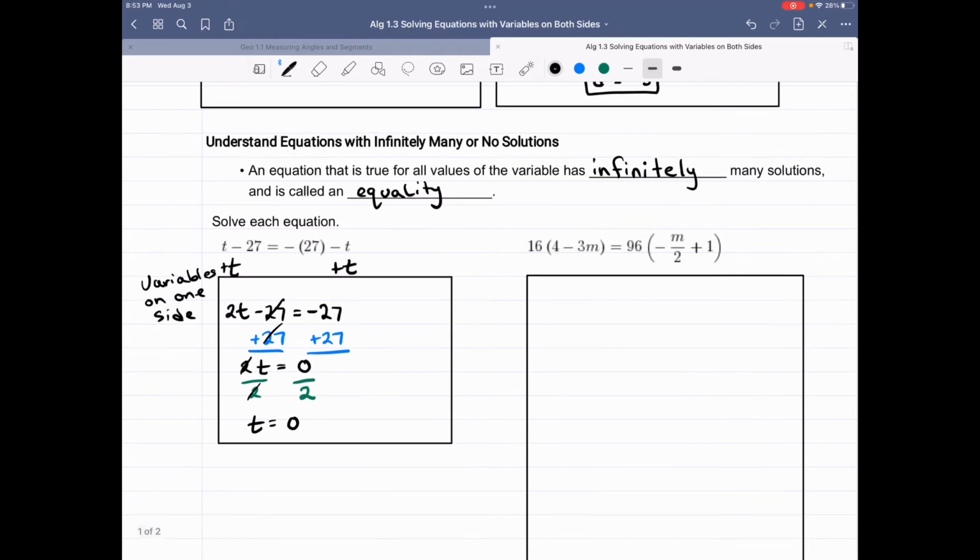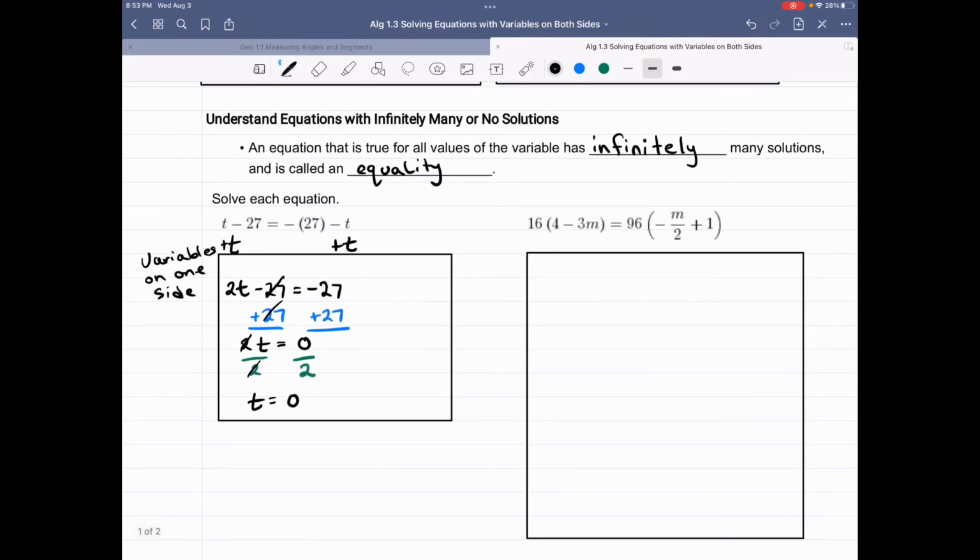Okay, on the next problem, we have distributing. So we need to get rid of this grouping by multiplying. So in this case, the first step is to distribute, just like the other problems. So we have 16 times 4 is 64 minus 16 times 3m, because we have 16 groups of 4 minus 3m. So 16 times minus 3m is minus 48m.